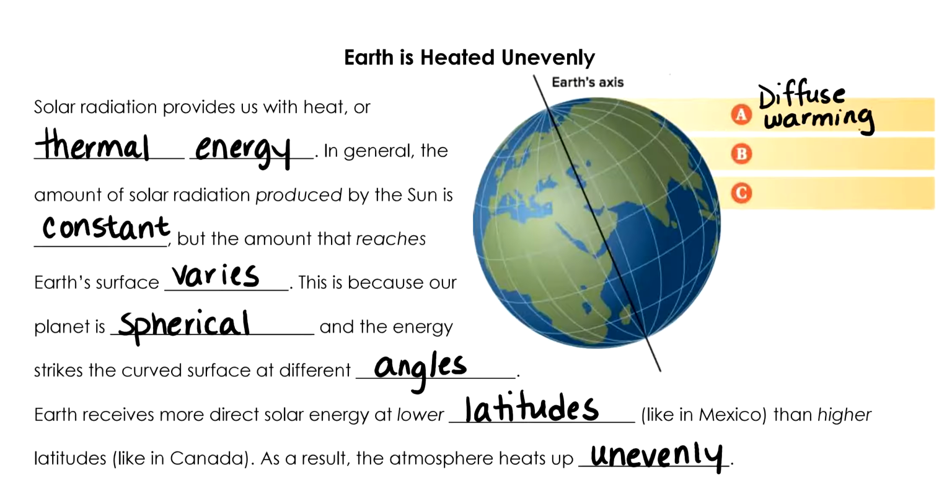Region B lies closer to the equator, and so we get more concentrated warming. And region C is lined up perfectly with the equator, where we get highly concentrated warming.